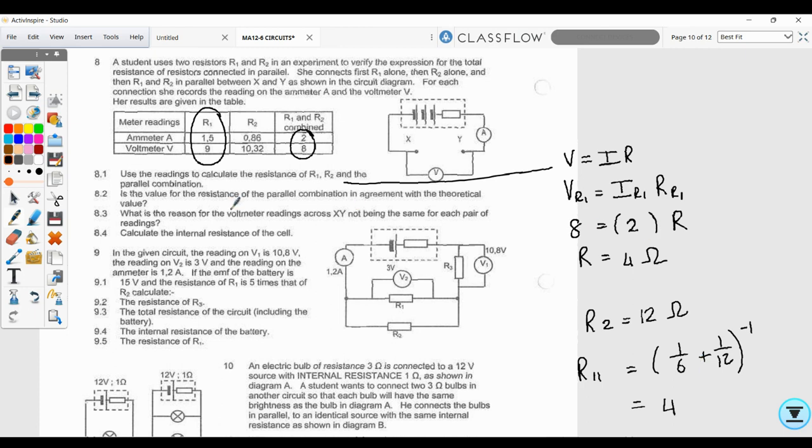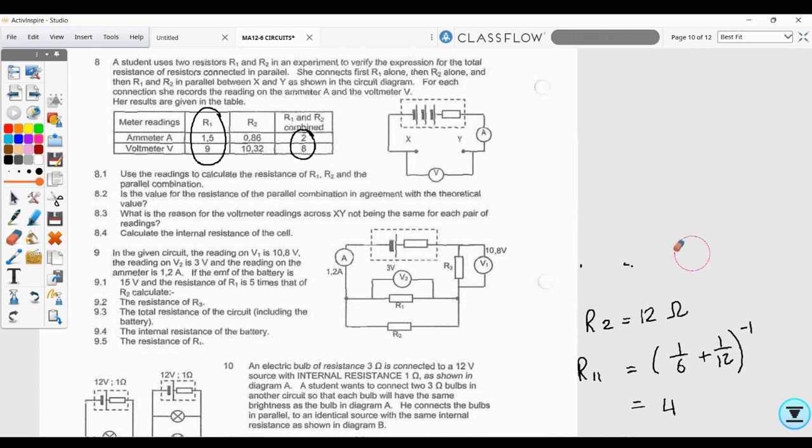So why do they say it's not the same? That's the voltmeter reading. Oh, true. Okay, so why is the voltmeter reading not the same? That's again why. What happens when you put it in parallel? Same argument again.